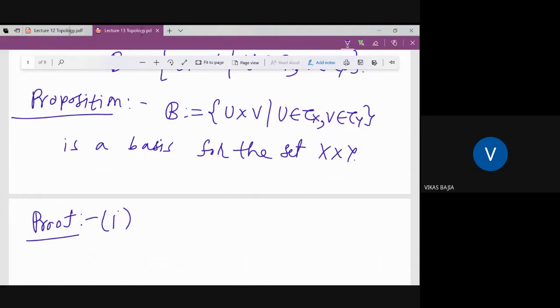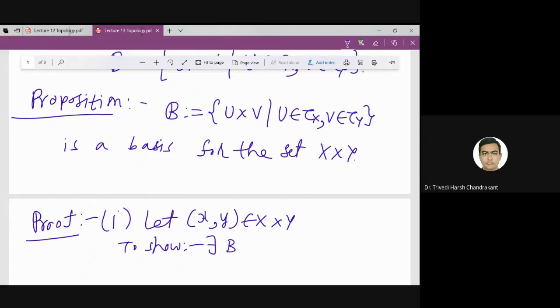Sir, we will take an element from X cross Y, and we need to show that it belongs to some basis element of B. Yes, you are right. What are the elements of B? They are of the form U cross V. So basically we have to find U cross V.